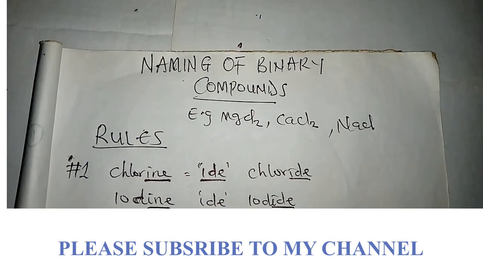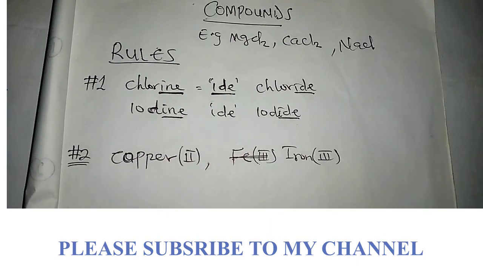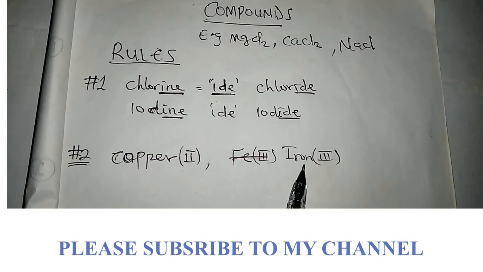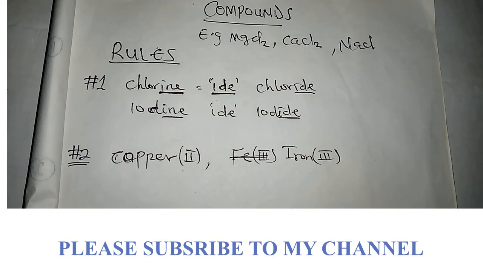So for copper 2, you write copper and put the charge, or oxidation number, in parentheses. Iron 3, you write iron and put 3 in parentheses. If it is iron 2, you write it and put it in parentheses.